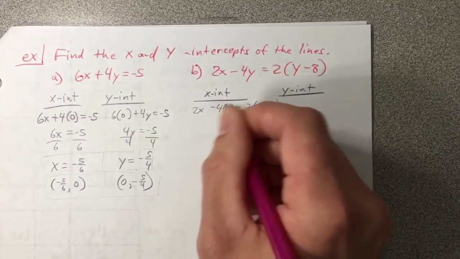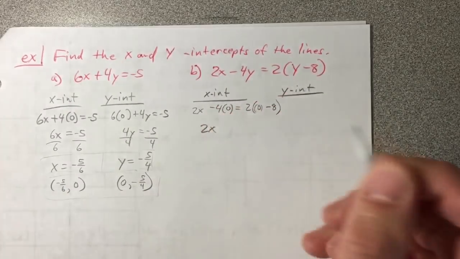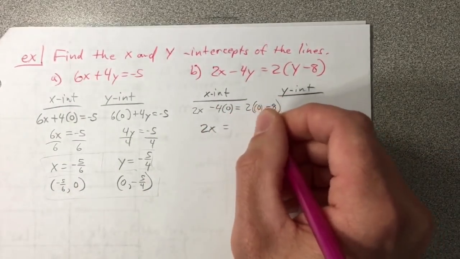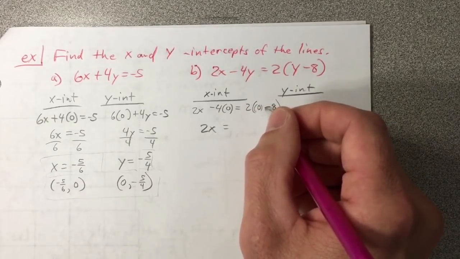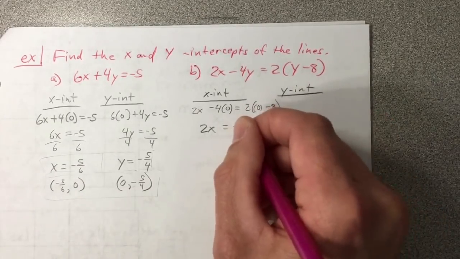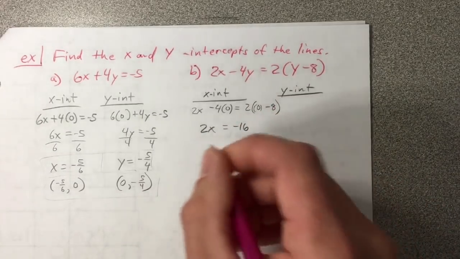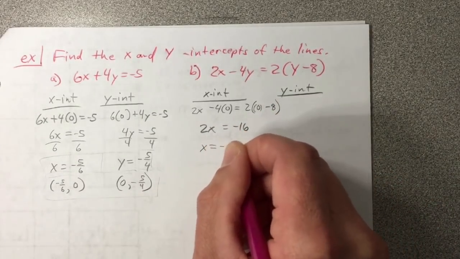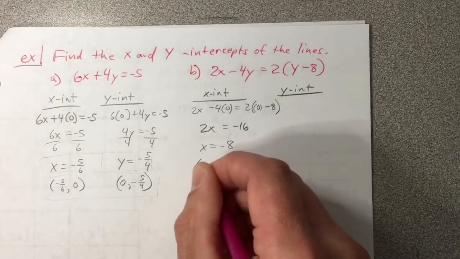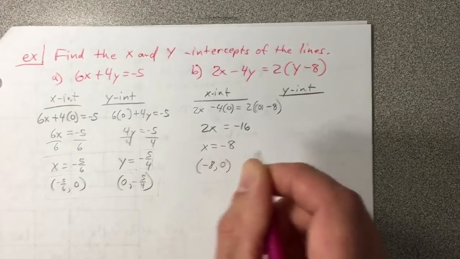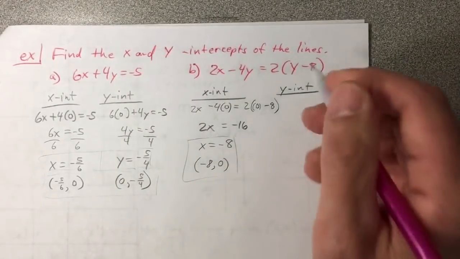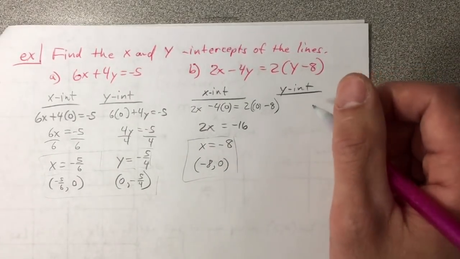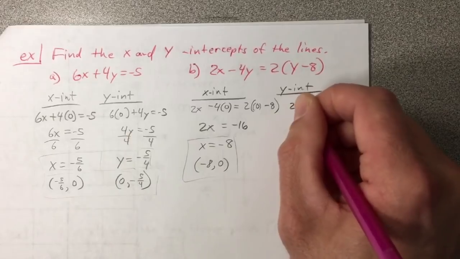Clean it up a little bit, 0, so we just get 2x. Inside here, we do the parentheses first, so we get 0 minus 8 is negative 8. 2 times negative 8 is negative 16. Divide by 2, and x is equal to negative 8. Or you can write it as negative 8, 0. That's your x-intercept.